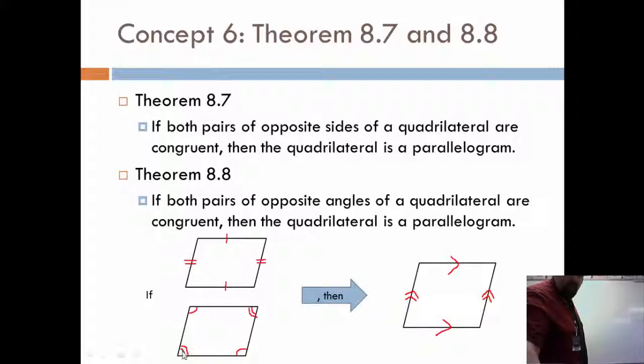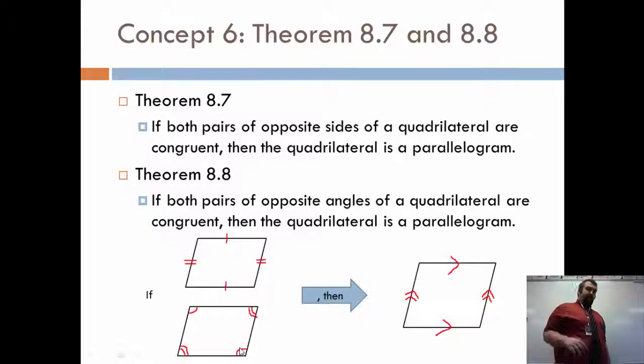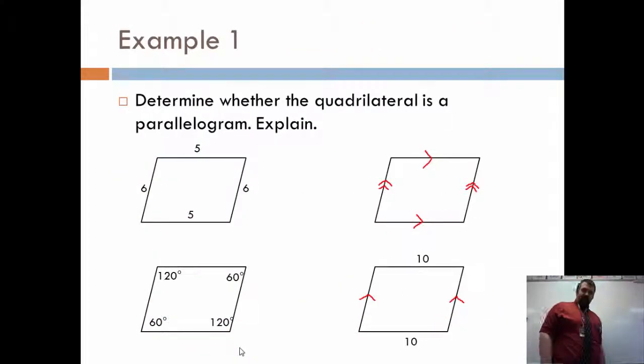Theorem 8.8 says if both pairs of opposite angles are congruent, then the quadrilateral is a parallelogram. In this scenario, you need both pairs being congruent. If you have only one pair, it's not enough. You need both pairs. Let's do example 1 here.